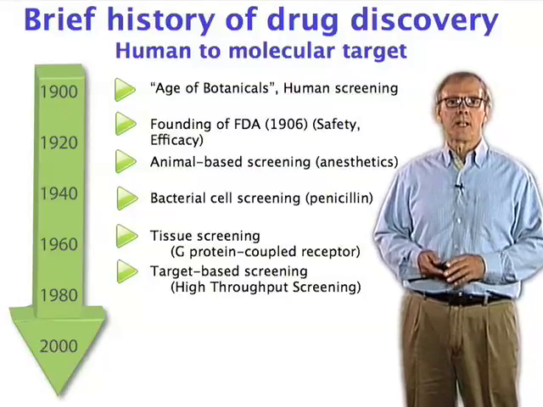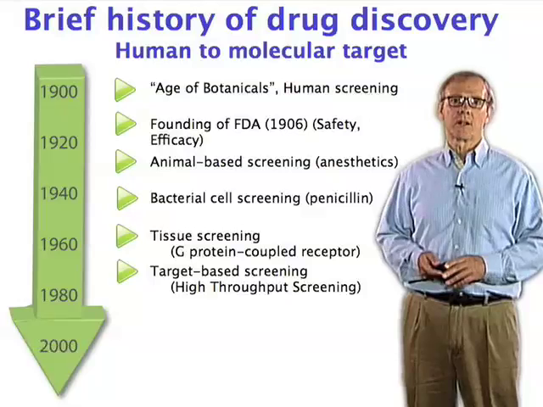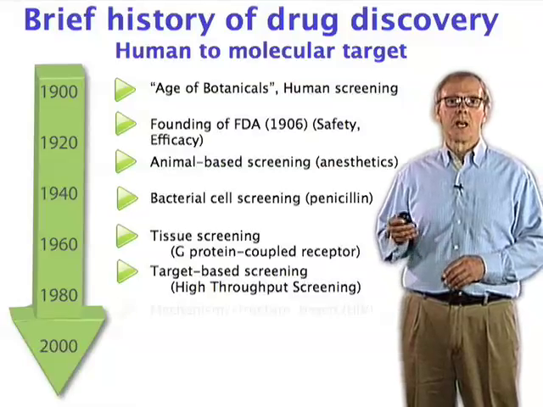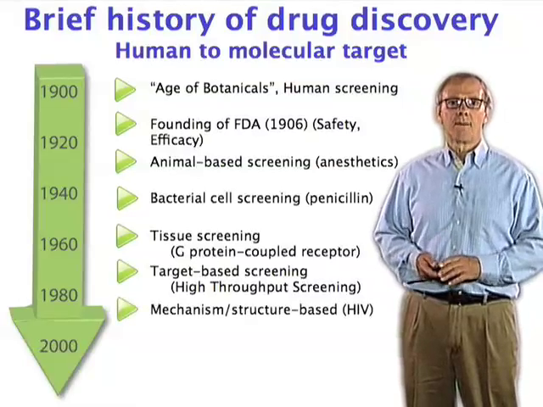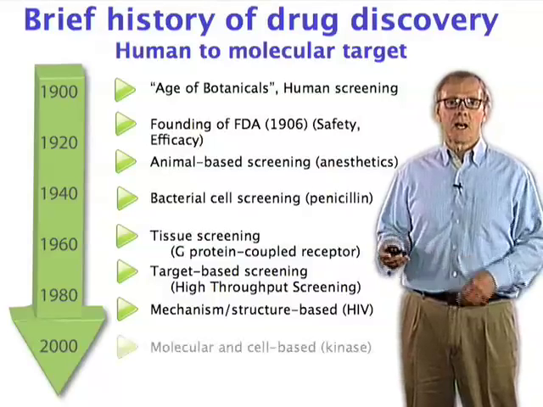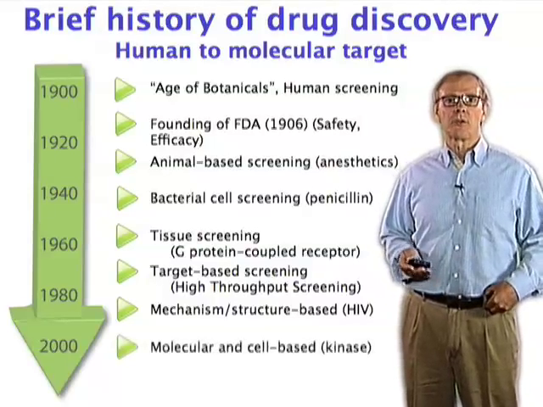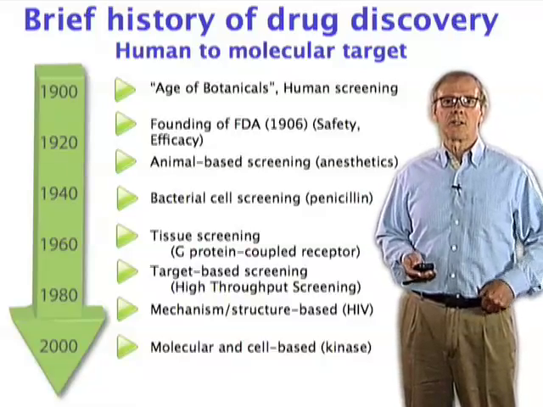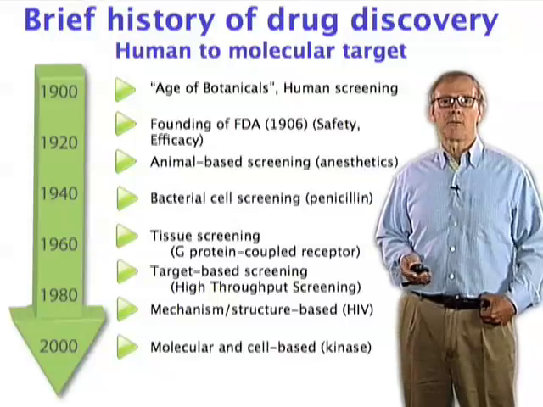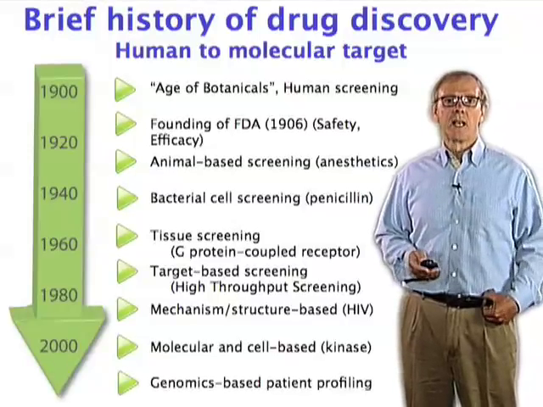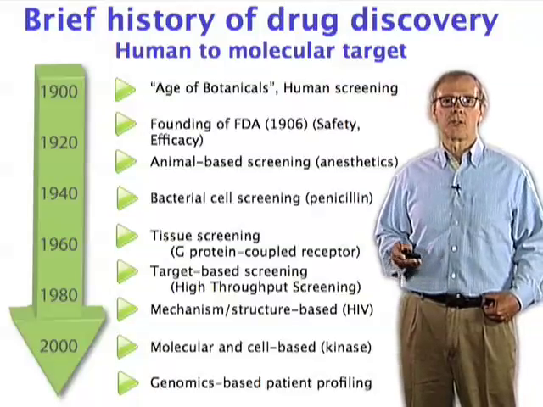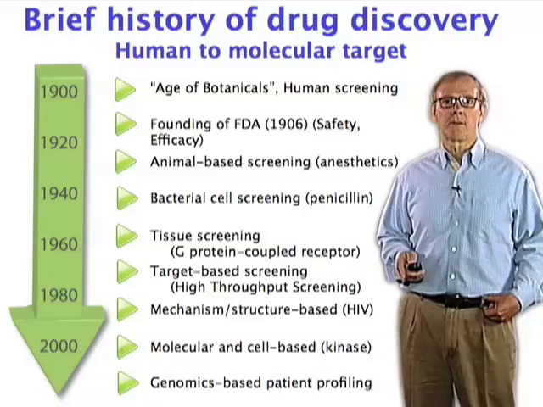Then HTS, high-throughput screening, now a very common discovery technology that you'll hear a lot more about in this talk, for discovering target-based compounds. And then lastly, mechanism-based discovery, which was used for HIV drugs and the like, as well as molecular and cellular based screening for kinase inhibitors. And finally, genomics to profile patients to determine for whom a drug will be effective and for whom it won't.